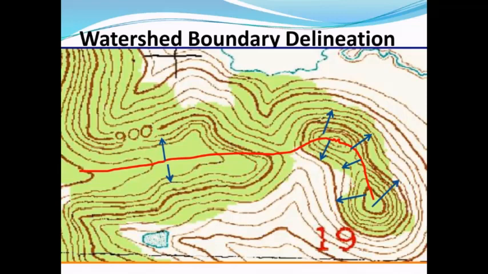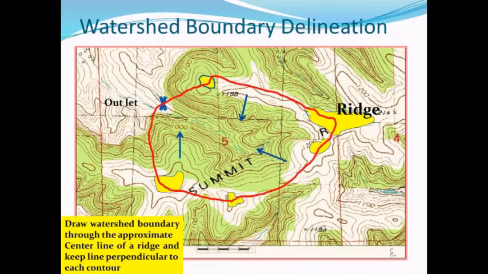The water always flows perpendicular to the contour lines. That is, it flows downhill. After that, connect the high points, that is ridges, summits or hills, along one side of the water body. This line should always cross the contours at right angles. That is, it should be perpendicular to each contour line it crosses.